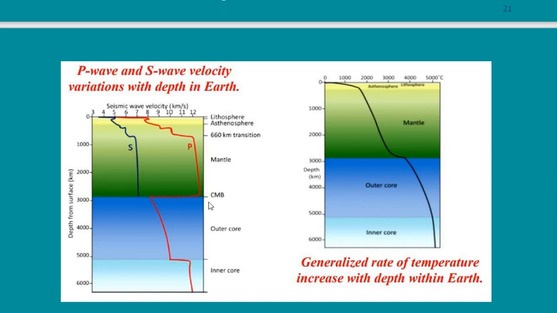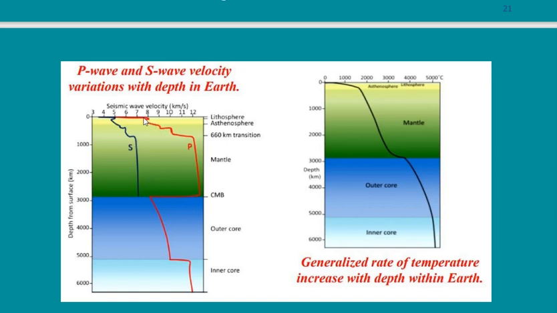This is the interface between the core and the mantle. Above here it is crust-mantle. No, it's not crust. It should be core-mantle, because below is the core and above is the mantle.